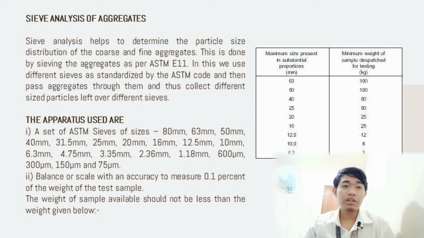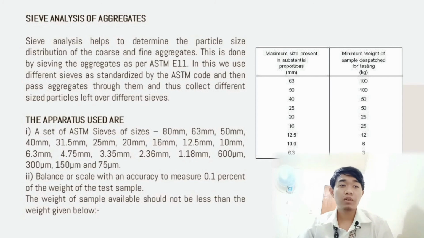In this, we use different sieves as standardized by the ASTM code and then pass aggregates through them and thus collect different size particles left over on different sieves. And for the apparatus that we must use, first, a set of ASTM sieves of sizes 80 mm, 63 mm, 50 mm, 40 mm, 31.5 mm, and so forth.